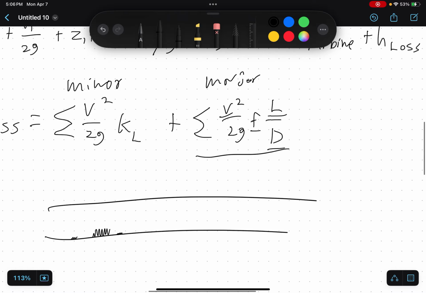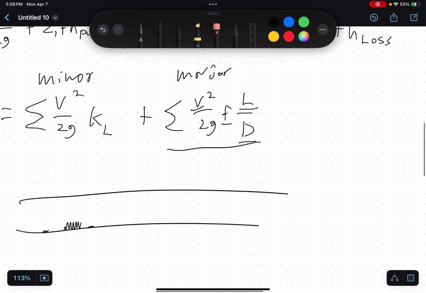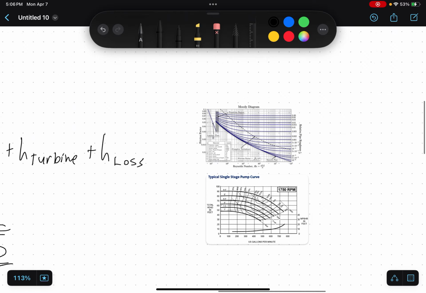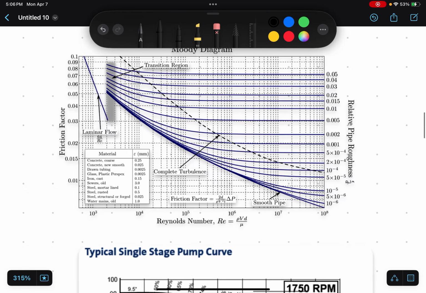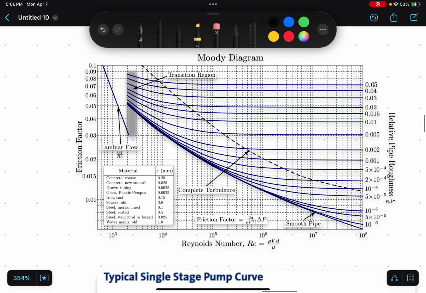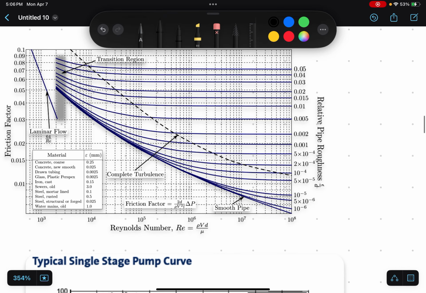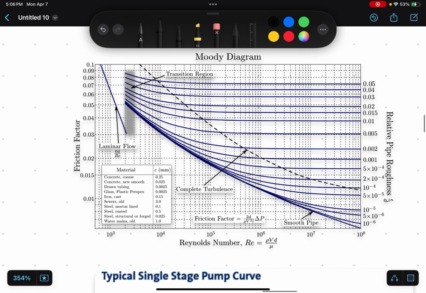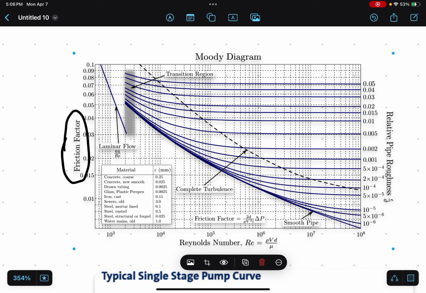The way this number is found, it's basically given to you. It's measured in a lab. So you use this table and it looks like there's a lot going on, but it's kind of simple to understand. We're looking for this term on the left.